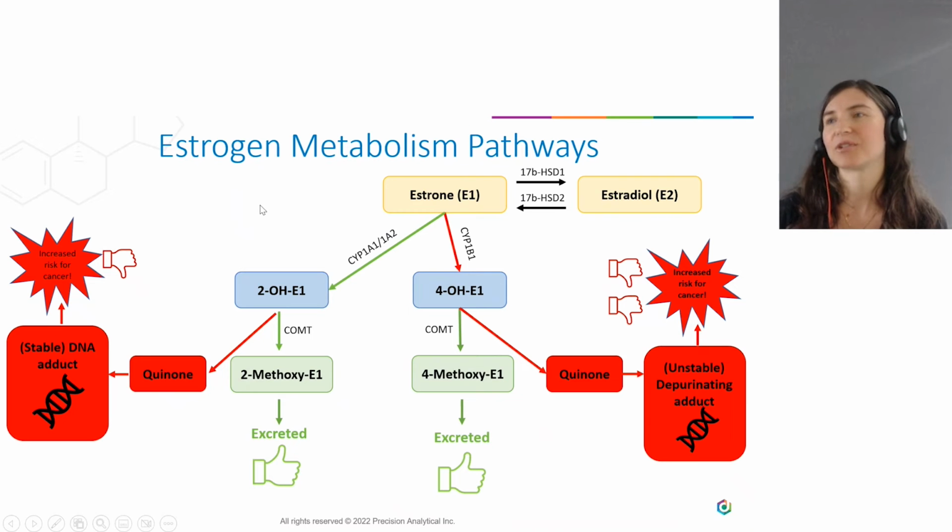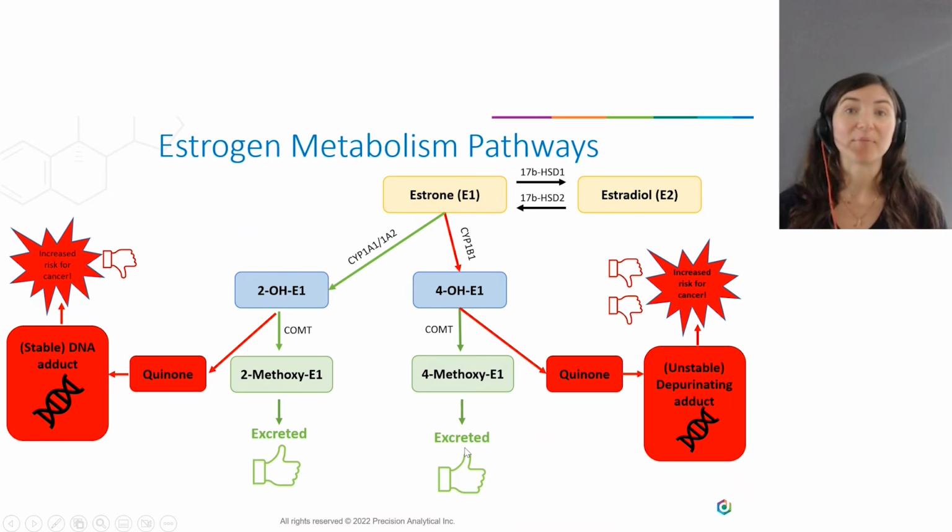And if we look at the estrogen metabolism pathways, we can see here that we want estrone to be metabolized into the 2-hydroxy-E1 and the 4-hydroxy-E1, but we want these to be methylated to 2-methoxy-E1 and 4-methoxy-E1 and excreted from the body.